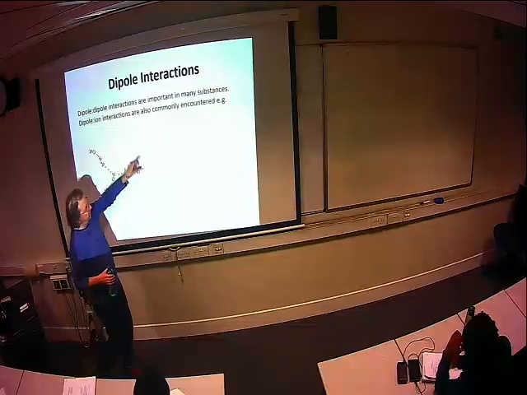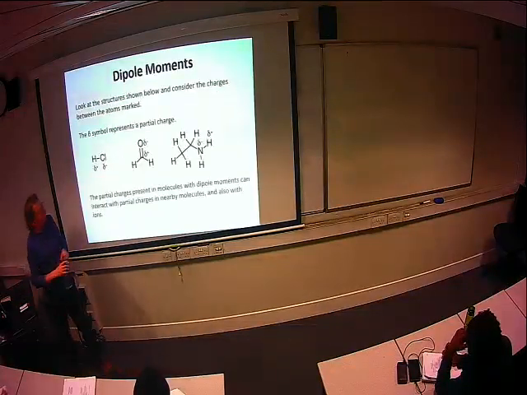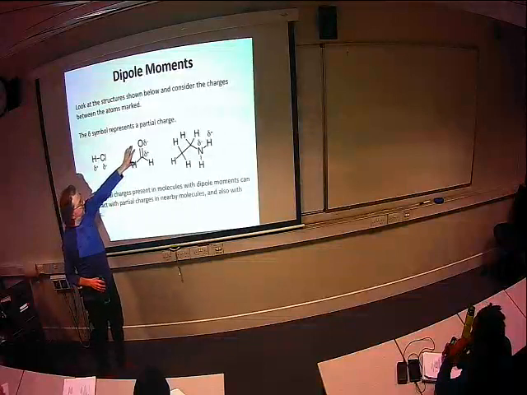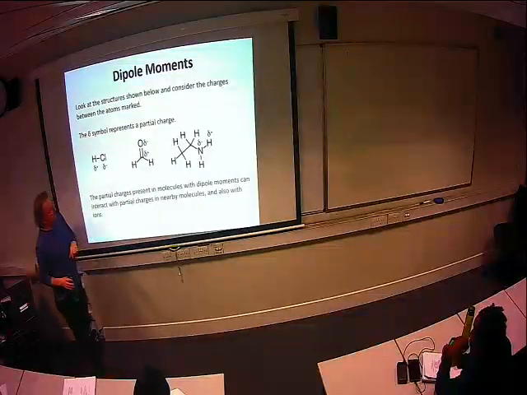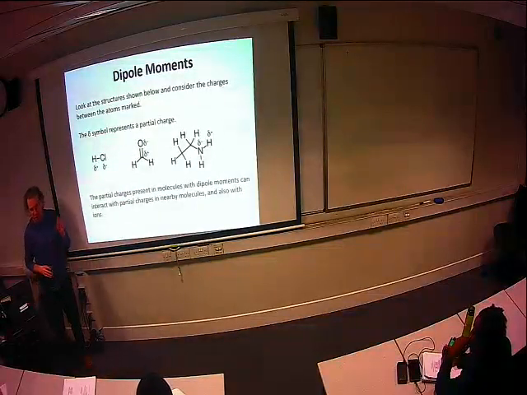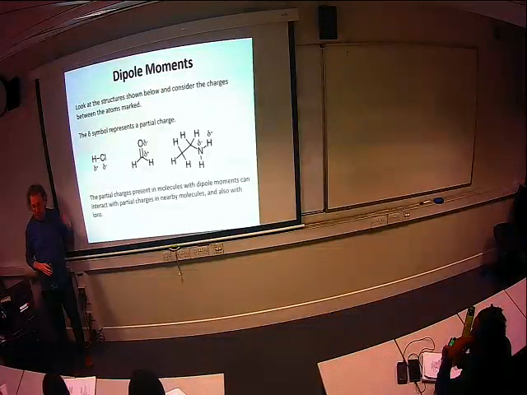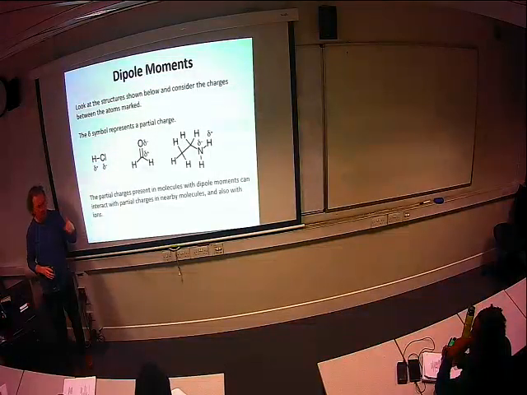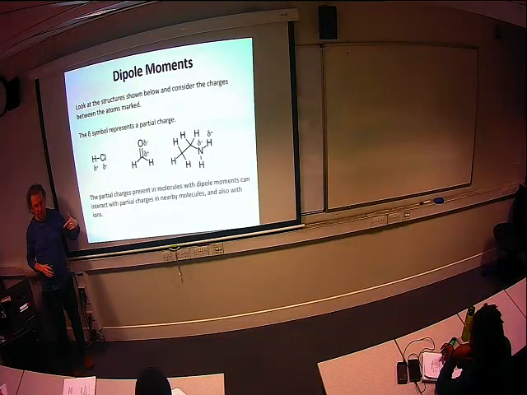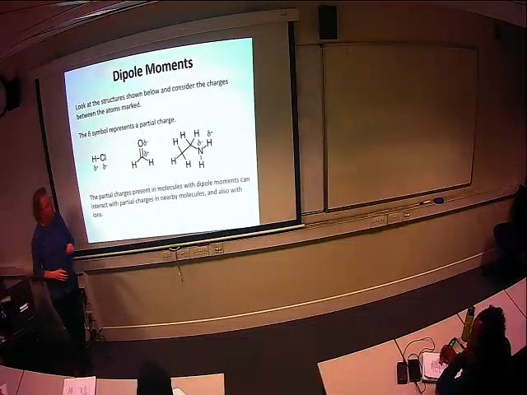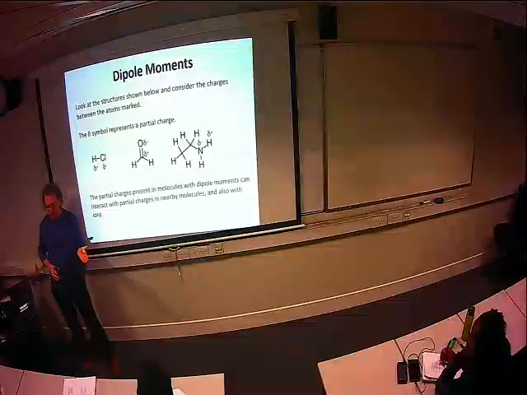With the next molecule, methanol or formaldehyde, that's got a carbon-oxygen bond, but it's a double bond, and that enhances the polarization of the bond. The oxygen is more electronegative than carbon, so it's pulling electrons away from the carbon.